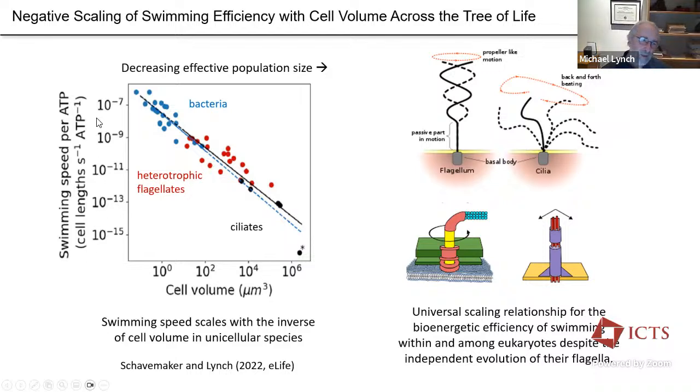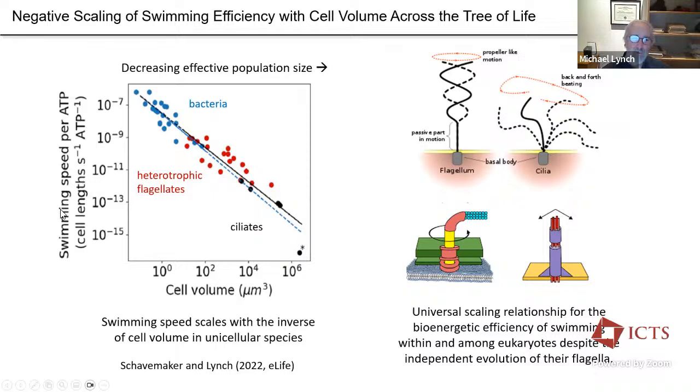And the measure here on the y-axis is the cost of building all the flagella in a cell. Let me back up for a second. What we're measuring is the swimming speed in cell lengths per ATP it takes to construct the swimming apparatus.